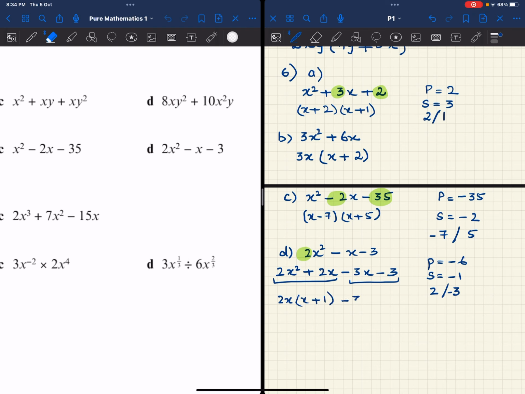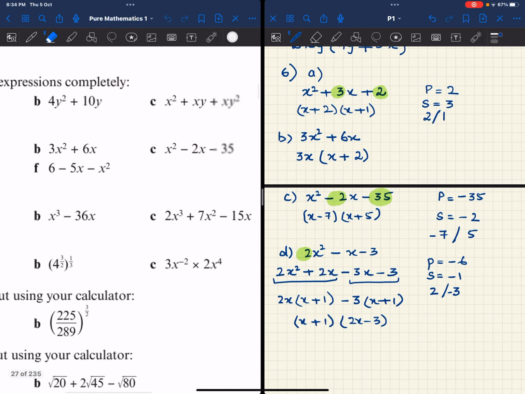Here minus 3 is common in the last two terms, and x plus 1. So one indication that we are going right is our brackets are identical. And finally, we remove x plus 1 common out from the first and the second term, and what is left is 2x minus 3, and those are our factors.